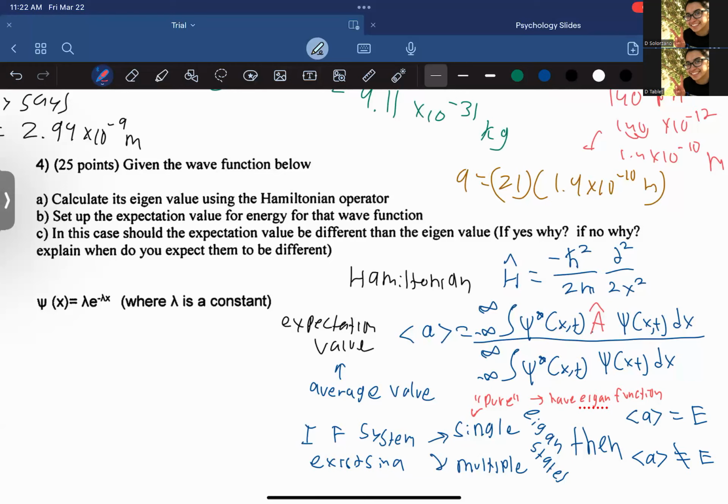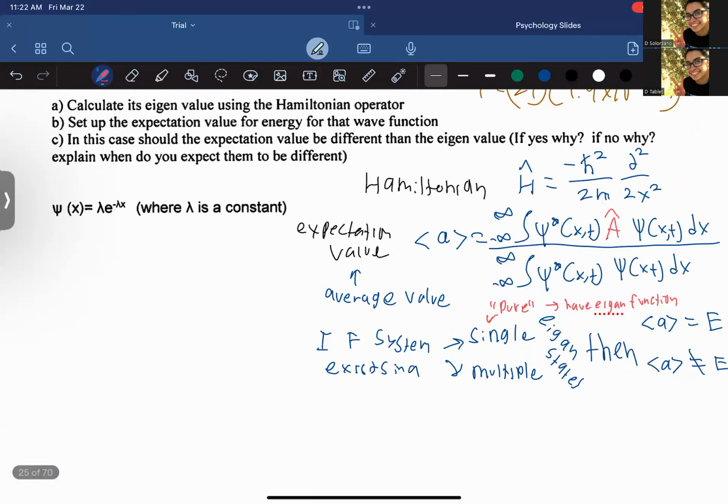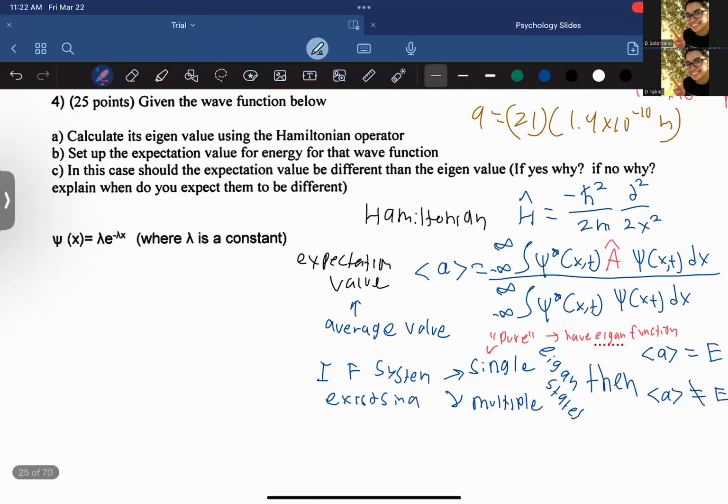Anyway, I'll go ahead and continue this. Calculate eigenvalue using the Hamiltonian operator. So we have H times the wave function is equal to the eigenvalue times the wave function.